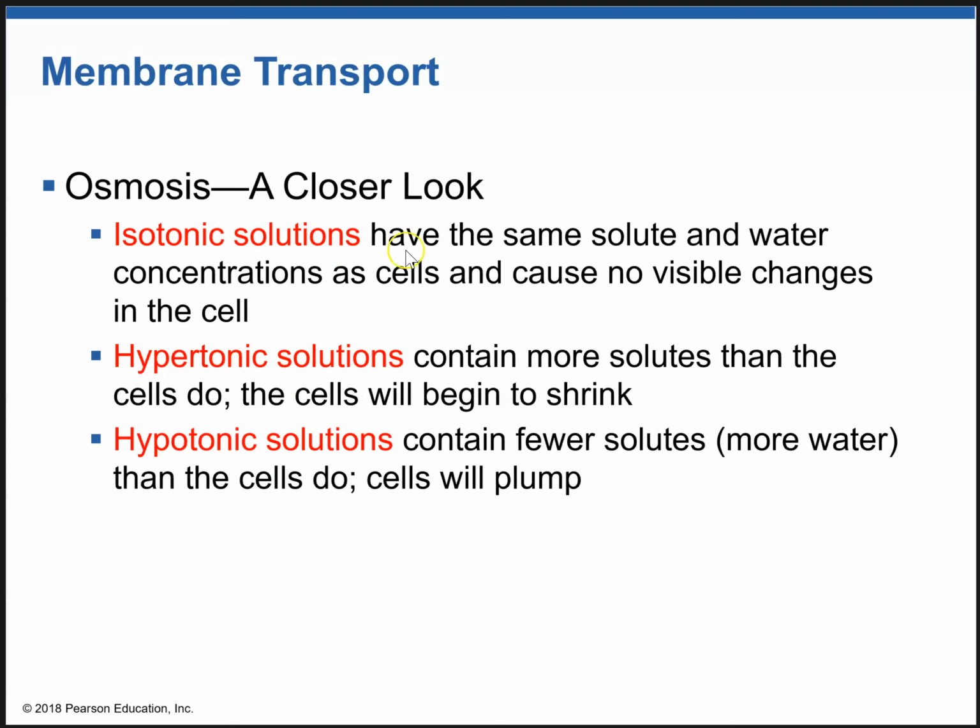Okay, and when the cell is said to be in a hypertonic solution, keep in mind hyper means higher and hypo means low. So when a cell is put in a hypertonic solution, it means that the concentration of solutes is higher outside the cell than inside the cell.